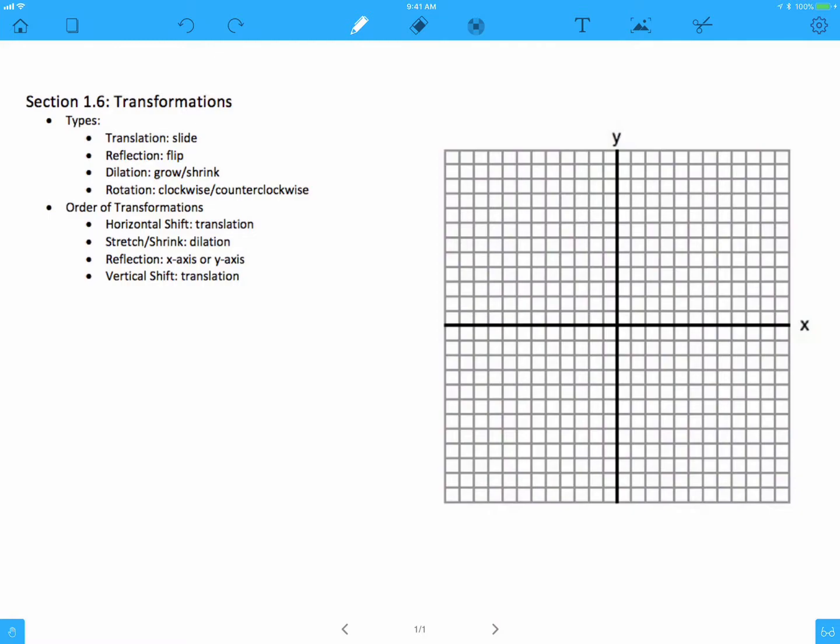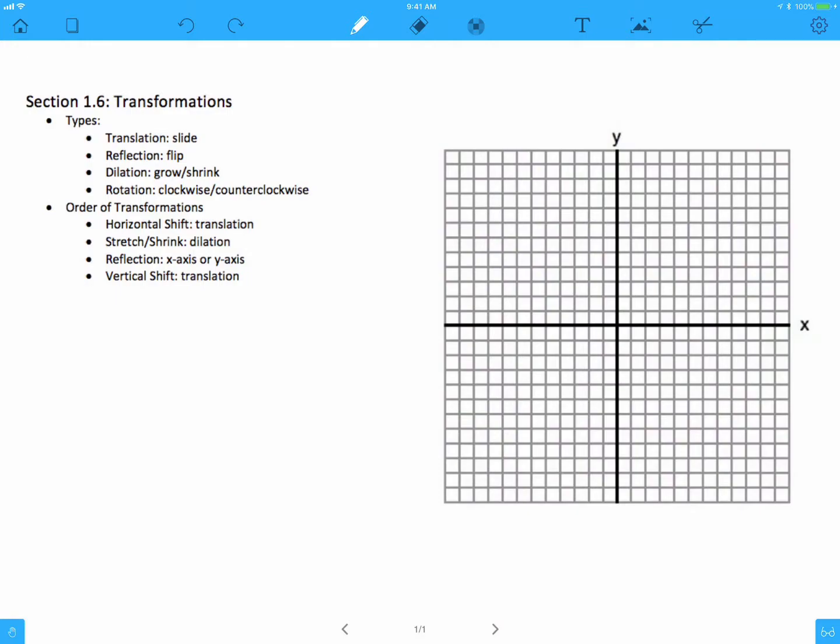Now, the order of transformations that we discussed yesterday is where you mix multiple transformations together. Let's say you're going to slide, flip, grow, or shrink. This is the order we go in. Yesterday I hinted at the fact that I didn't put rotation in the list.